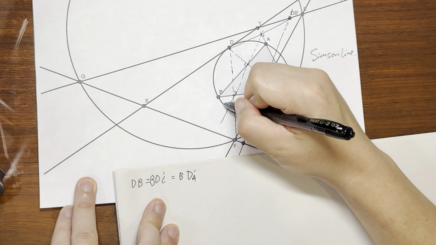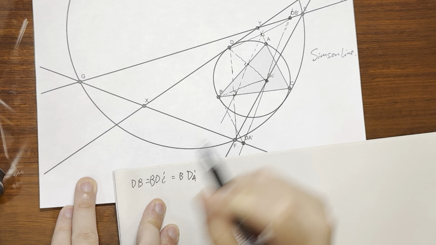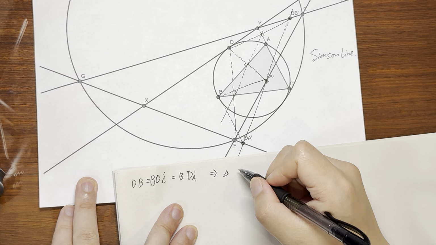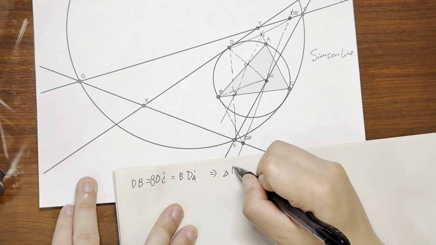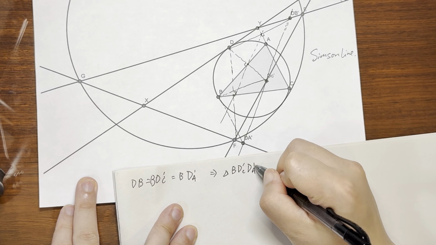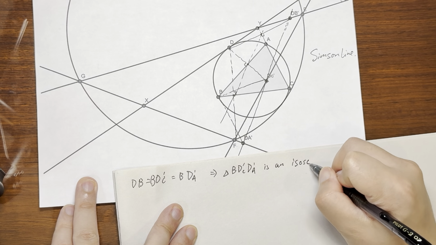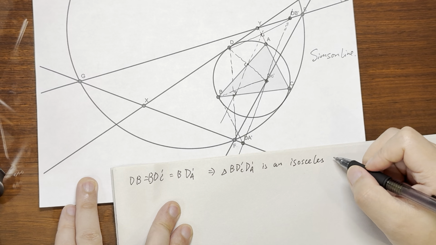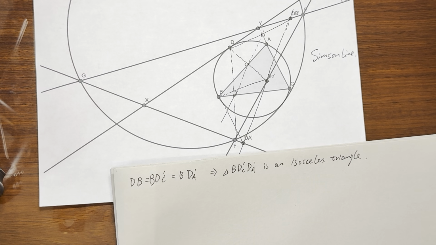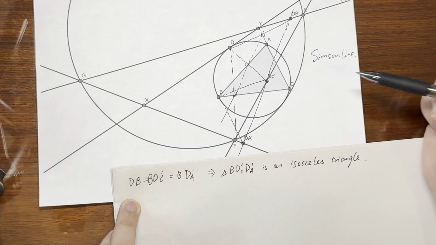Now we just look at here. We find an isosceles triangle. Triangle B DC prime DA prime is an isosceles triangle, right? This is an isosceles triangle.